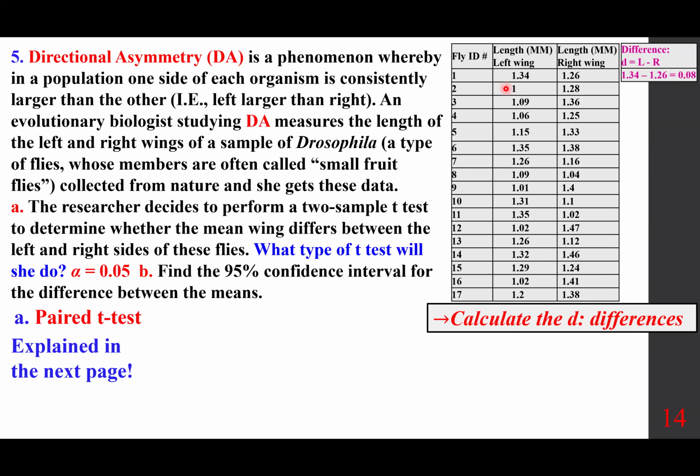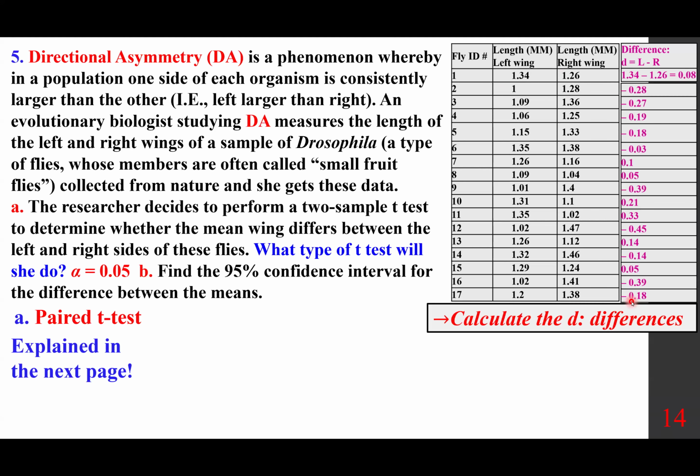The second one would be 1 minus 1.28, which makes it negative 0.28, and so on for the rest. So we calculate D, the difference between the two. You can go with left minus right or right minus left; it doesn't make any difference.